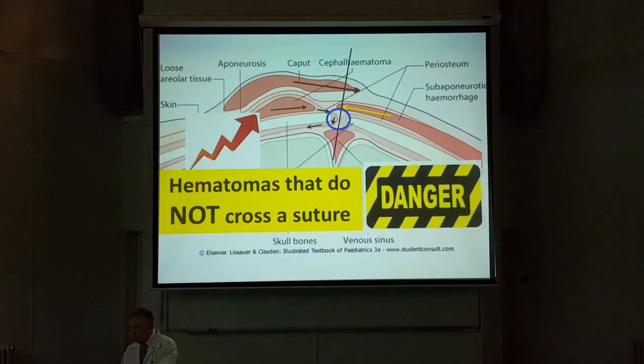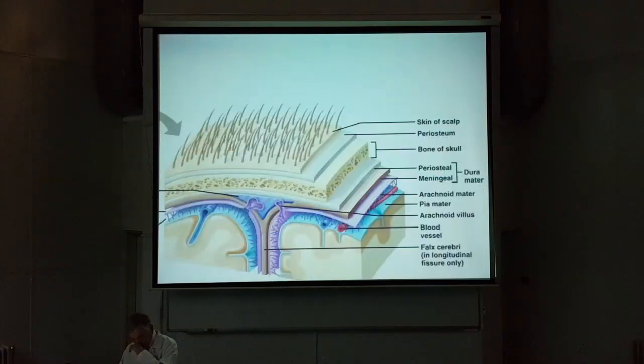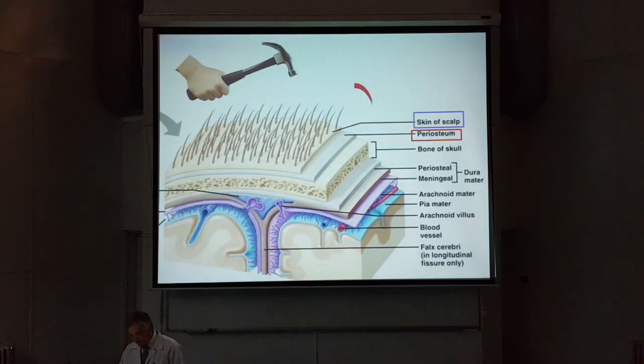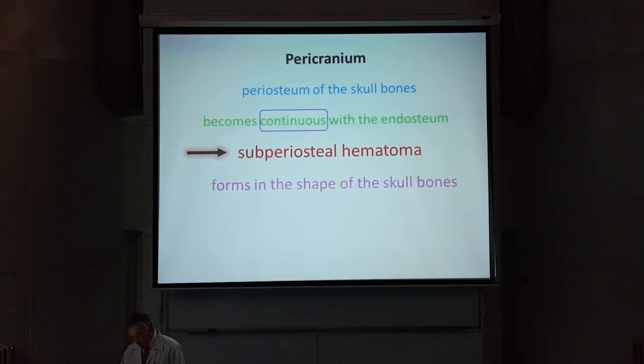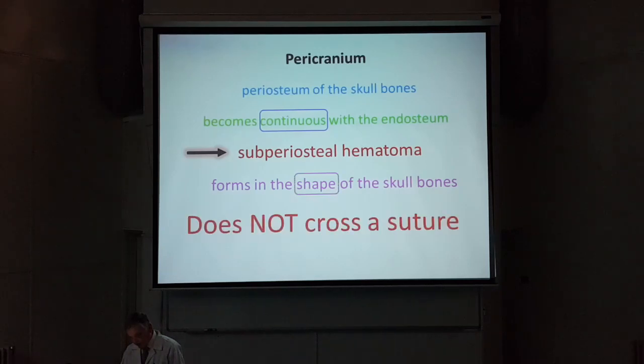So we palpate the hematoma lightly. It may happen after any trauma. The pericranium is the periosteum of the skull bones. It is continuous with the endosteum. A subperiosteal hematoma now forms in the shape of the skull bones and does not cross a suture.